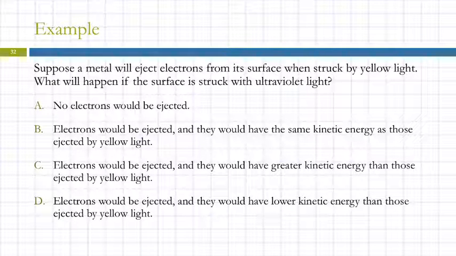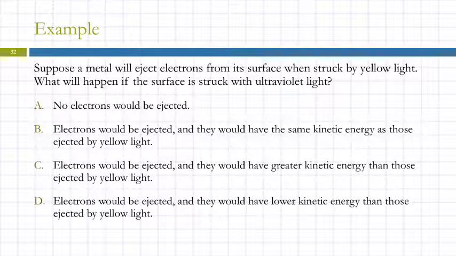So suppose a metal will eject electrons when struck by yellow light. What would happen if it was struck with ultraviolet light? Before we really look at these, we should identify in our minds, is ultraviolet light higher or lower in energy than yellow light? It's higher in energy.